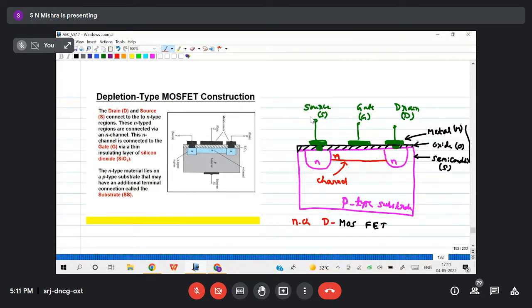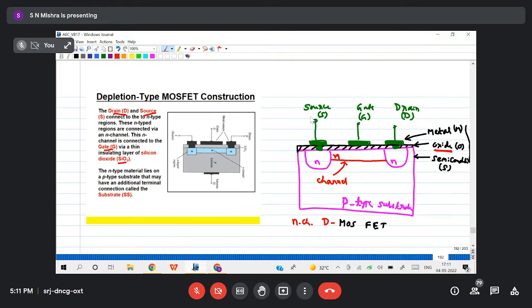The N type material is connecting them, so it is called an N channel depletion type MOSFET. Whatever I have explained is written here: drain, source, gate, and this oxide is generally silicon dioxide, SiO2, which is the oxide or insulator.